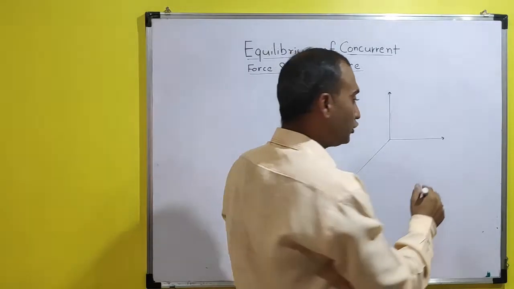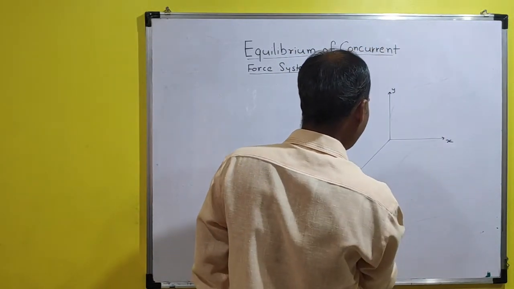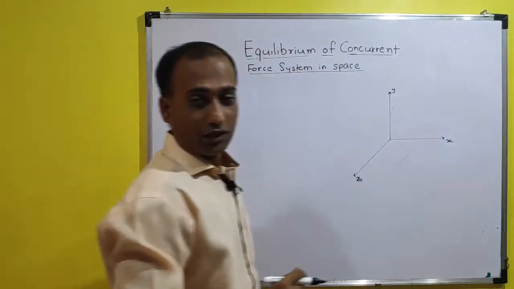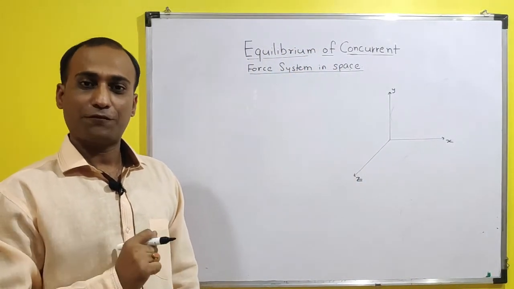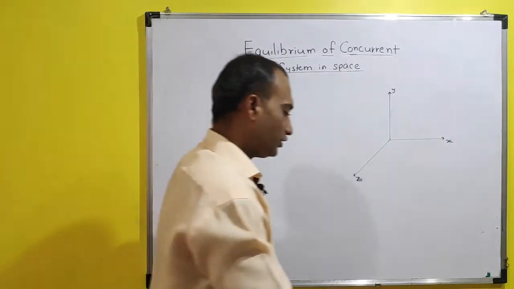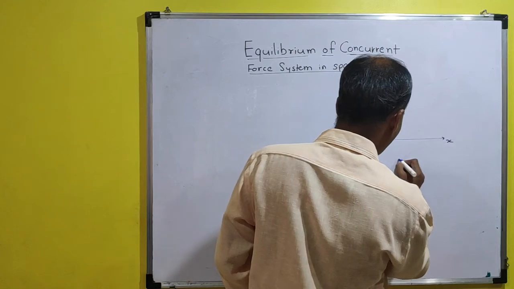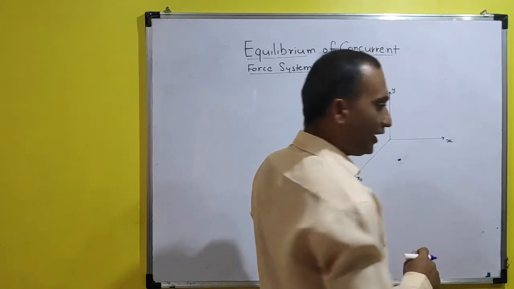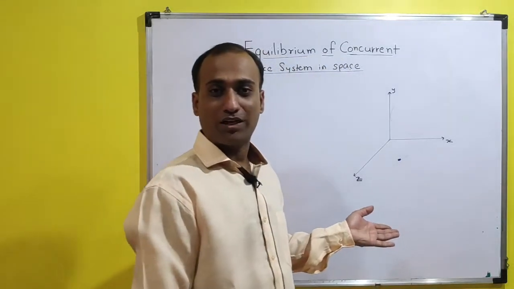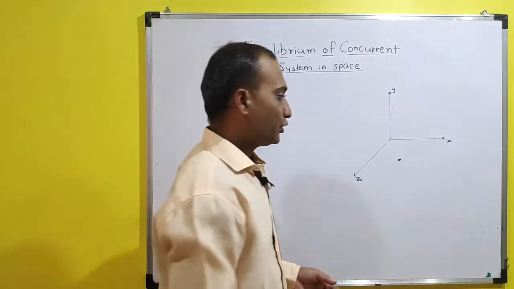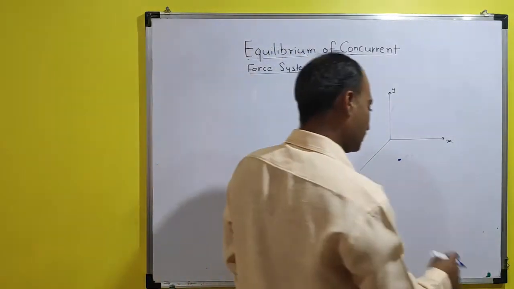So let's consider the 3D coordinate system x, y and z. Here let's consider a force system which is a concurrent force system in space. Consider this as the point of concurrence, and the forces are shown with the help of the coordinates between the points.